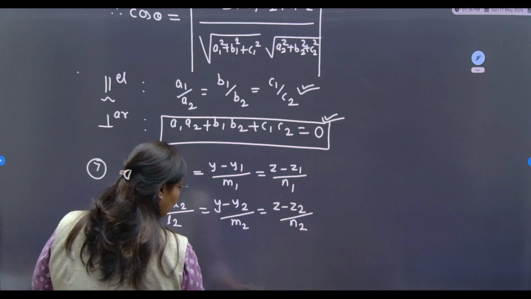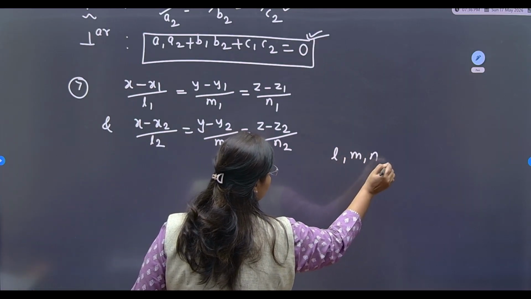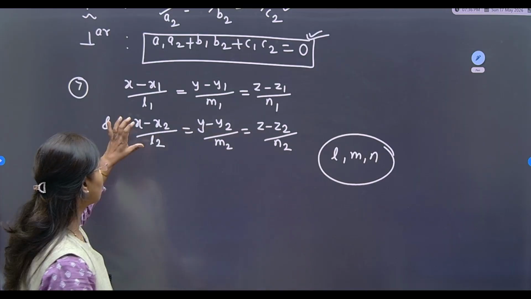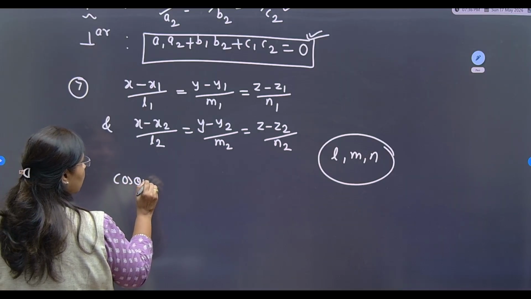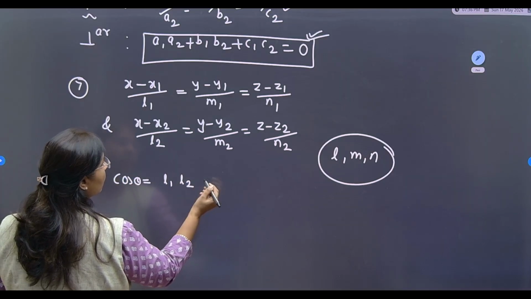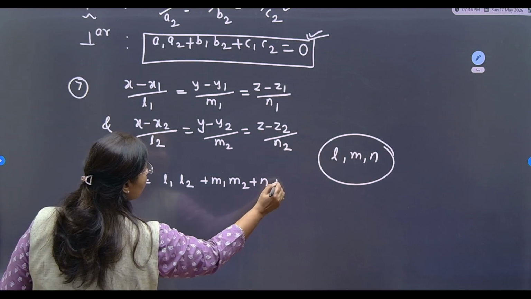We know that direction cosines are denoted by the notations L, M, N. When direction cosines are given, the formula is cos theta equals L1 L2 plus M1 M2 plus N1 N2.